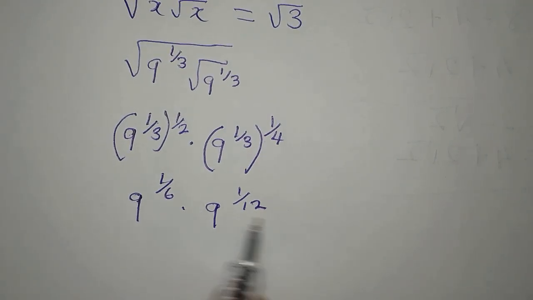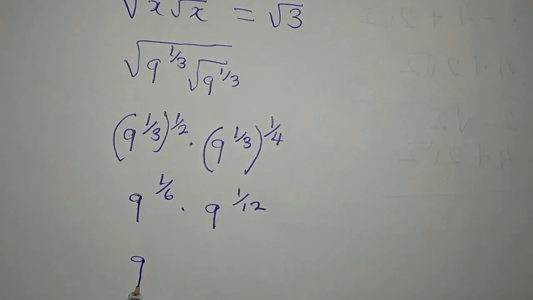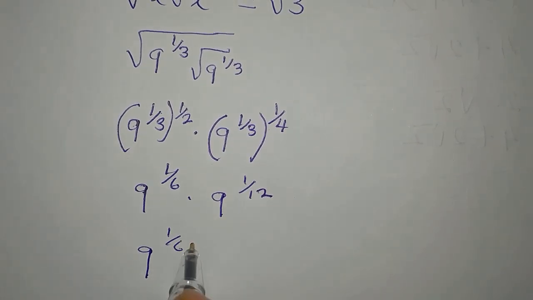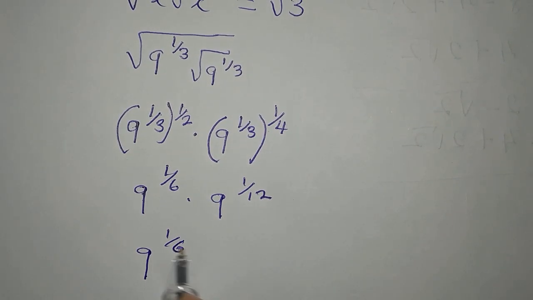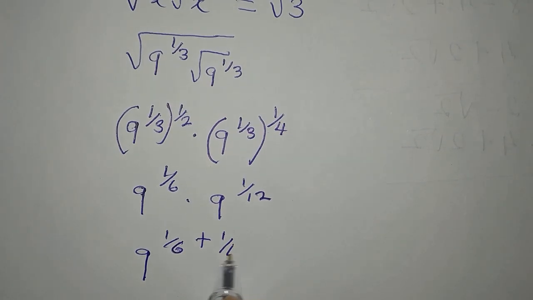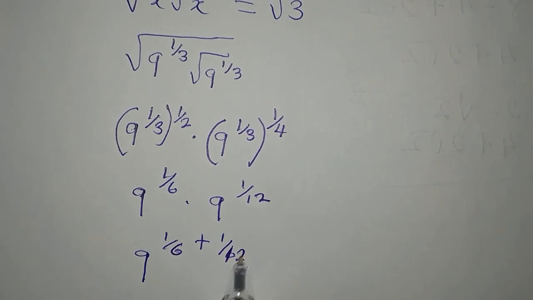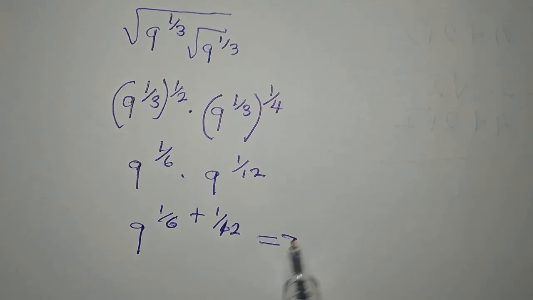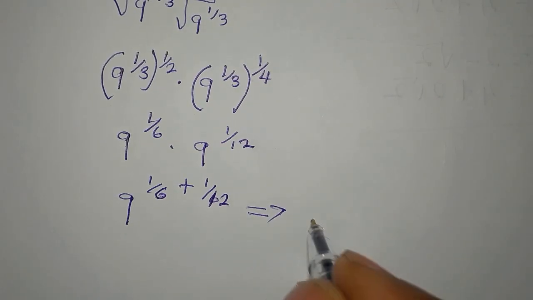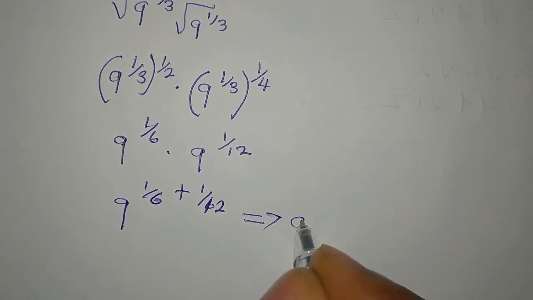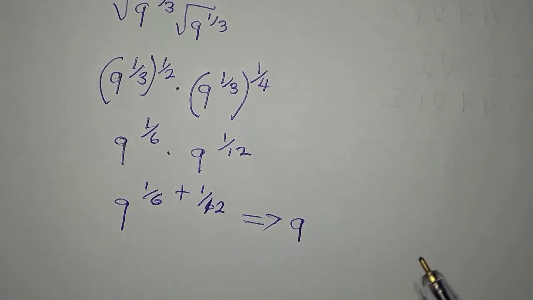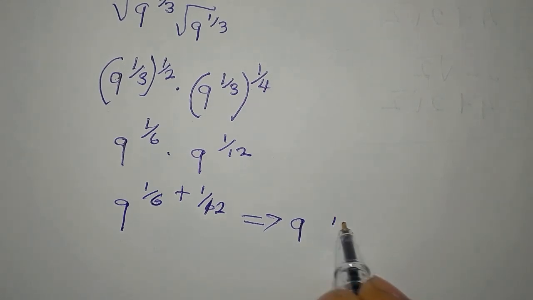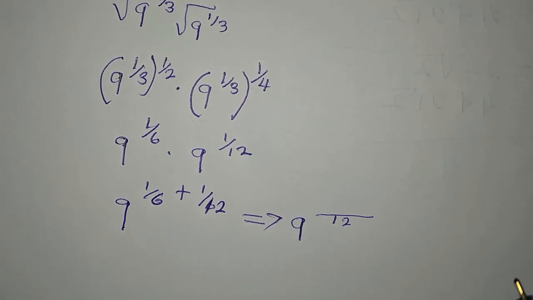So what do we do again? Pick one of the bases and add the powers. So we have 9. Then the powers, we have 1 over 6 plus 1 over 12. So this implies that we are having 9 to the power of, the common denominator of 6 and 12 is 12, right?